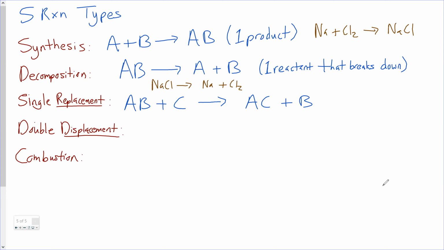All right, double displacement. What do you think that's going to look like? What do you think double displacement is going to look like? Would that be like one side of the equation is completely switched up on the other side of the arrow? I think what you're saying is exactly right. Could you tell me, what about using letters? What would you write? Could you do it with these, AB, like what we've been writing?